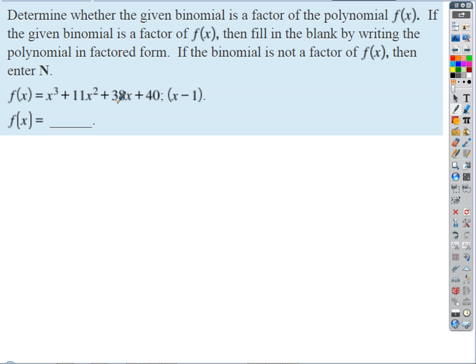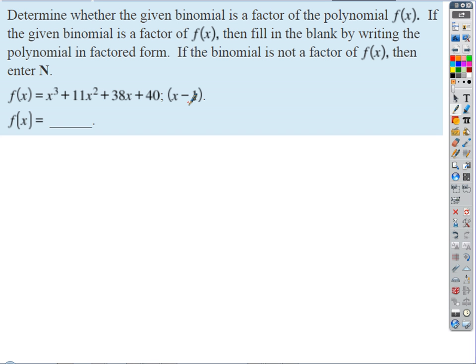So if x minus 1 is a factor of x cubed plus 11x squared plus 38x plus 40, then what must be true? X minus 1 must do what? Divide into it. It must divide into f of x evenly. Meaning, what's the remainder going to be? 0, right?